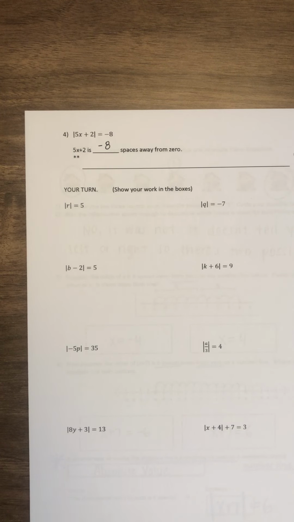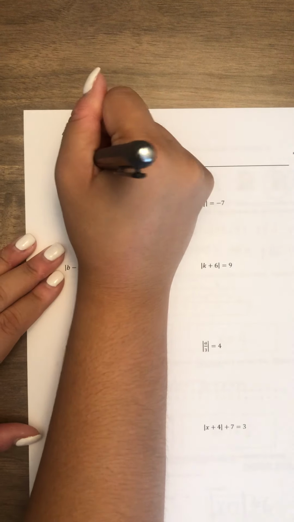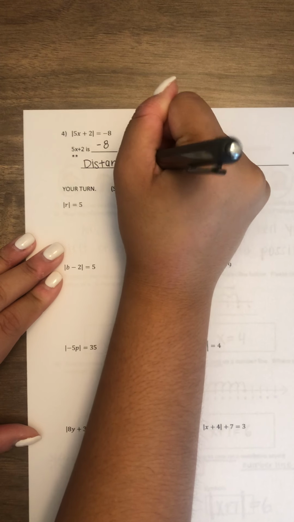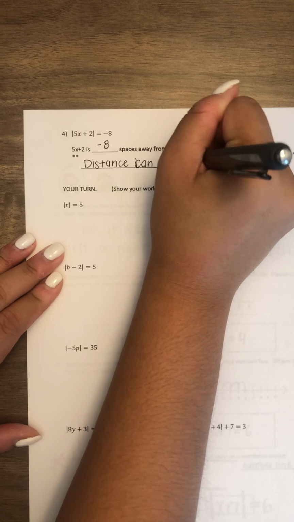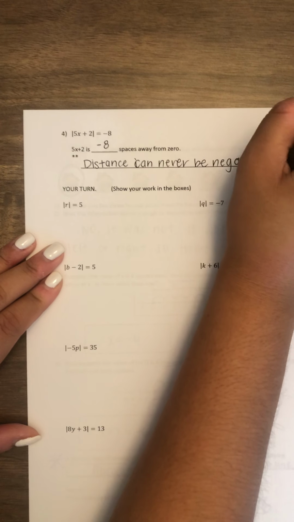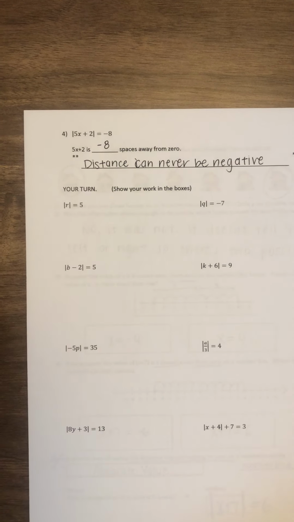But if you recall that absolute value is a distance from 0, it's a number of spaces, it's the distance from 0 on the number line. But distance can never be negative, right? You can't say you're negative 1 mile away.